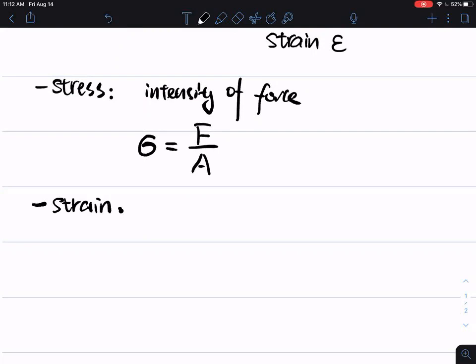I would think of strain as kind of similar to stress. You can use strain to express the intensity of change of momentum.